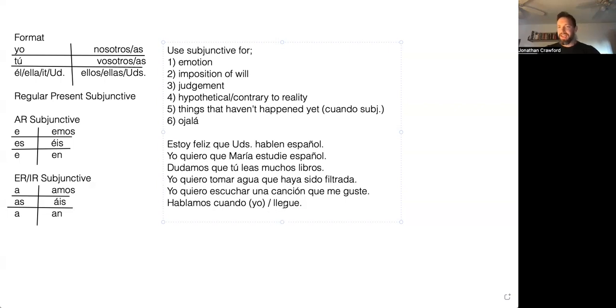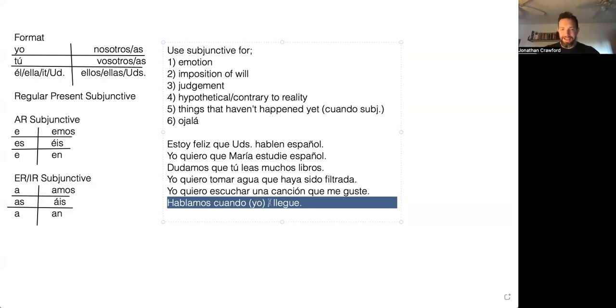Llegue, yo llegué. Anyway, hablamos cuando yo llegue. And you can get rid of the subject pronoun because that's what we often do in Spanish.